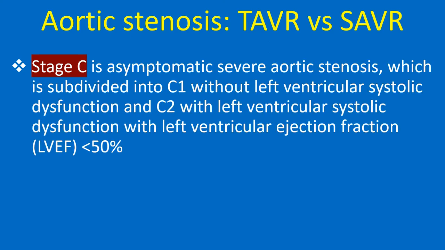Stage C is asymptomatic severe aortic stenosis, which is subdivided into C1 without left ventricular systolic dysfunction and C2 with left ventricular systolic dysfunction with left ventricular ejection fraction less than 50%.